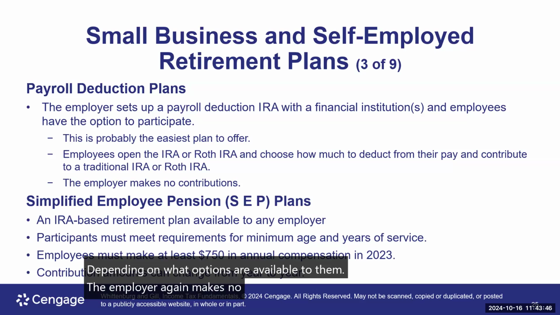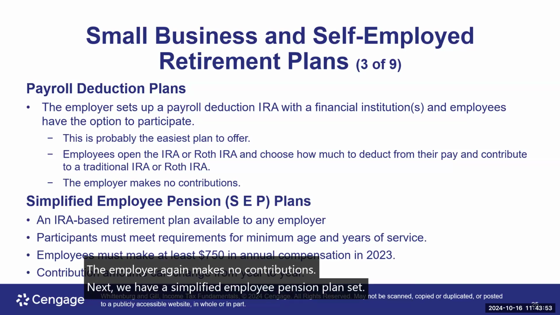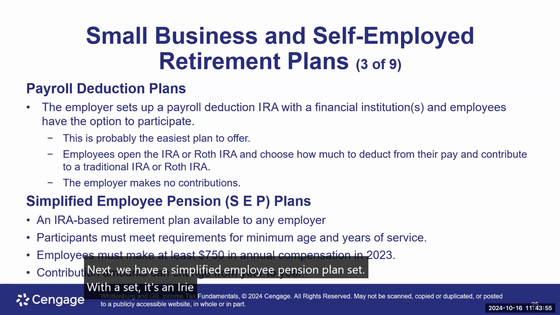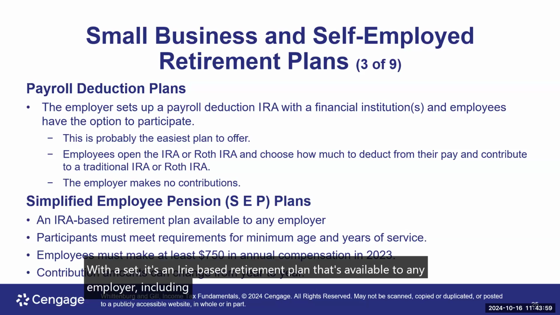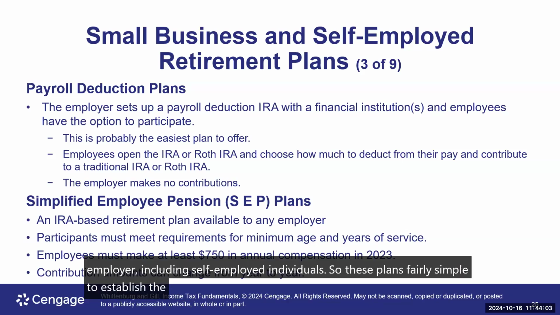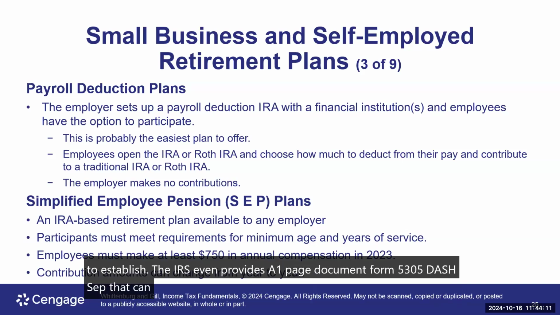Next, we have a simplified employee pension plan, SEP. A SEP is an IRA-based retirement plan that's available to any employer, including self-employed individuals. So these plans are fairly simple to establish. The IRS even provides a one-page document, form 5305-SEP, that can be used to help set up the plan.